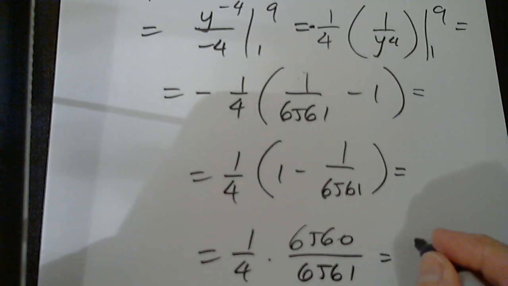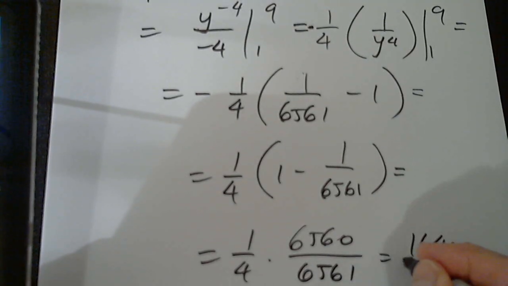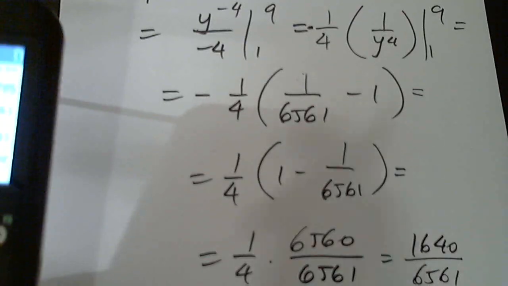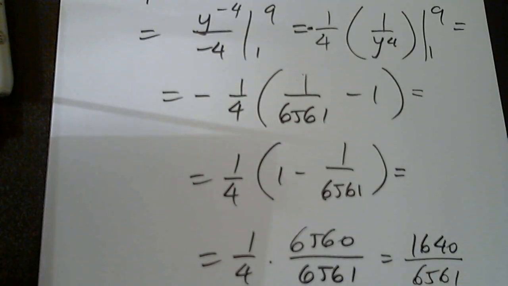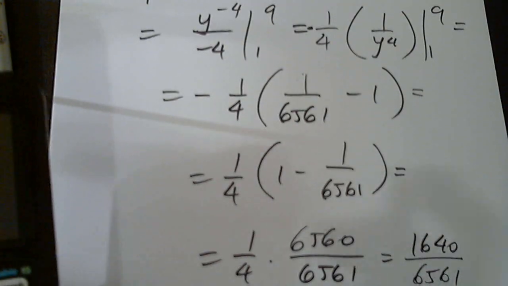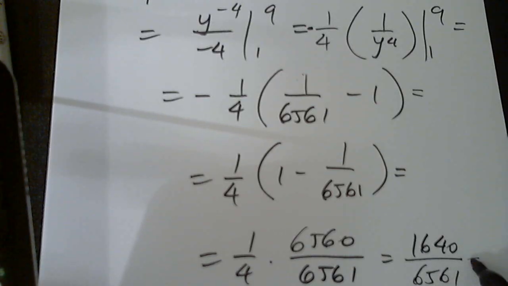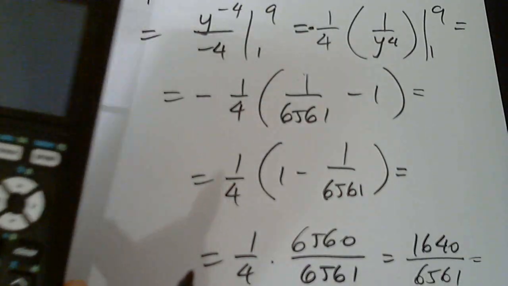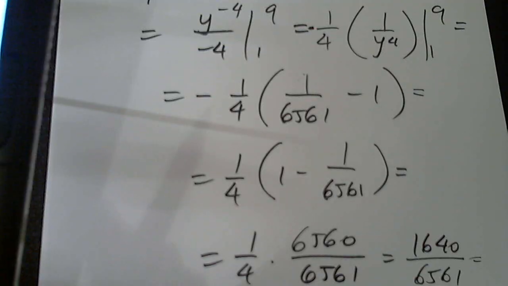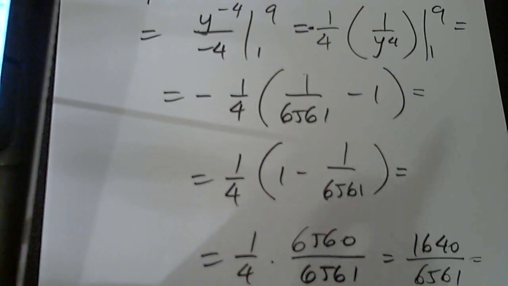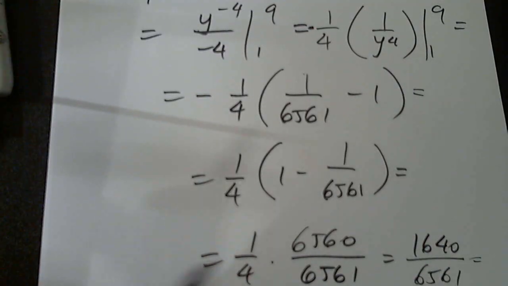Yes. So I have 1640 over 6561. And are they both divisible by 3? No, they're not. So this is it.